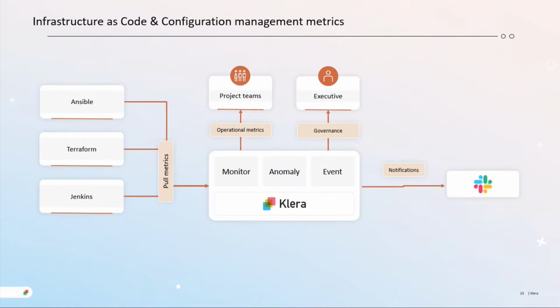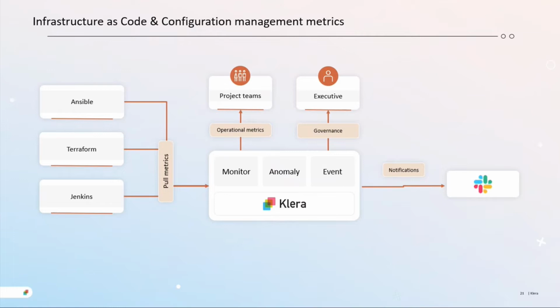Keeping these problem statements in mind, we have come up with this use case that connects to Terraform, Ansible, and Jenkins to pull the essential metrics related to the execution, like how much time the pipeline took to execute, what the common errors are, where the time is getting spent, and what cloud resources are getting created. That would help the operations team and the project teams get overall visibility into the underlying cloud environments.